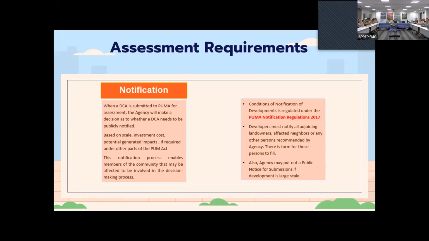Then we will say that notification is not necessary. But once you know that the development you're going to do will generate some impact on your neighbors, it is so important that you go and just talk to them, just to say, oh, hello neighbor, in a few months' time I'm going to be building a 2-story house, and I just wanted to let you know.